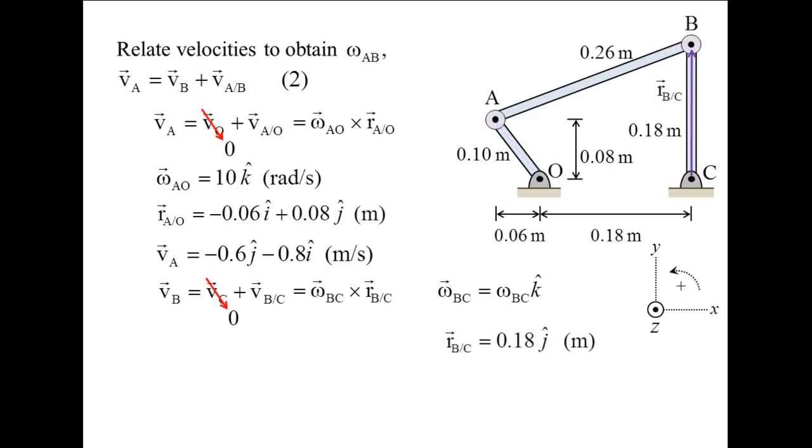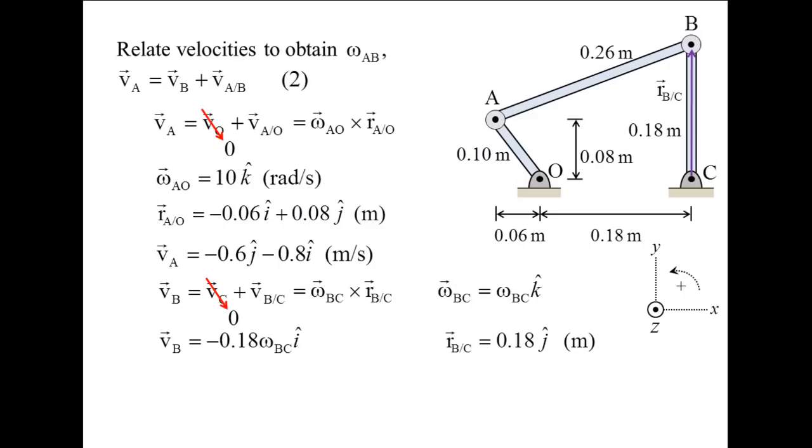RBC starts at point C and terminates at point B. Point B is located 0.18 meters upward from point C. Take the cross product of omega BC and RBC to obtain the velocity of point B.